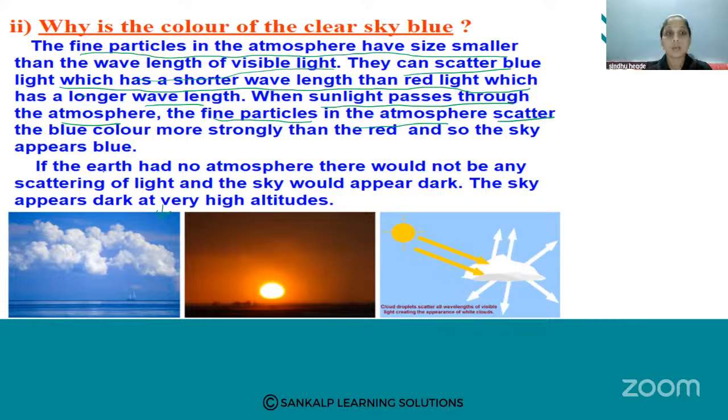Okay, but all those oxygen, nitrogen, or what we call gas molecules, contain small size particles. So when the light passes through those particles, they scatter mainly the blue color. Okay, maximally blue color gets scattered and it reaches our eye as compared to red light.